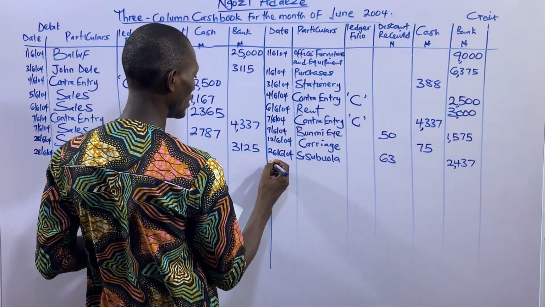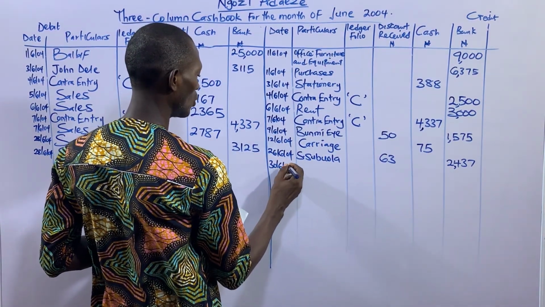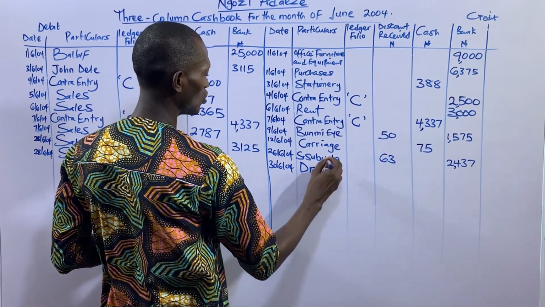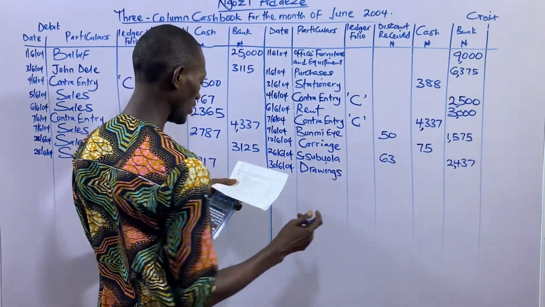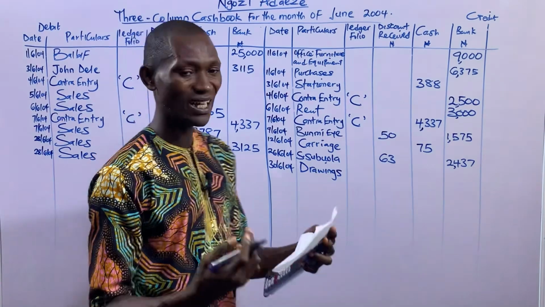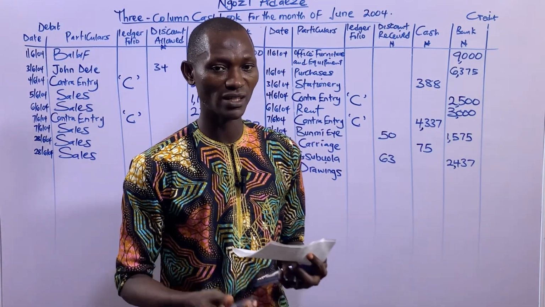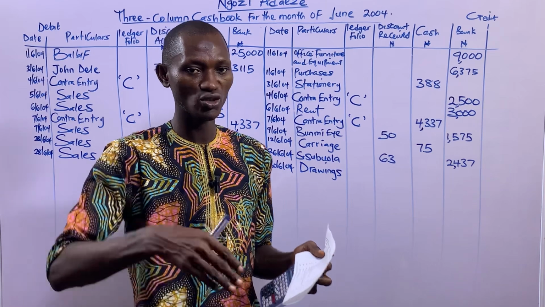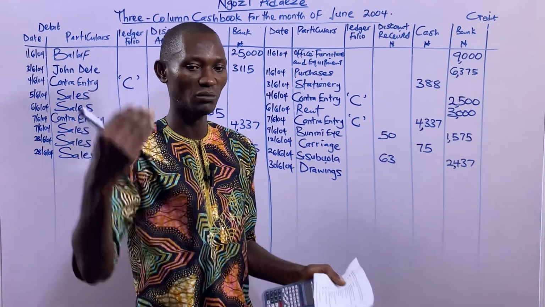So June 30 now, that's 30/6/04. Drawings will be the particular, not personal use. Since we are drawing that from the bank, if it is cash, you'll be told. But since we are not told it is cash, since it is a check, and that check will be drawn from the bank.